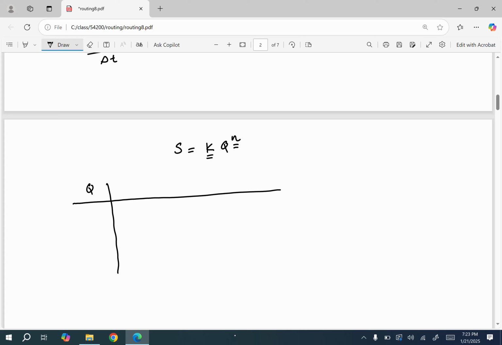So I have Q and I can just say Q1, Q2, Q3, Q4. I can assume some values for that, and once I assume these values, we will know what S is, since N and K are given, and then we have S1, S2, S3, S4, and so on.